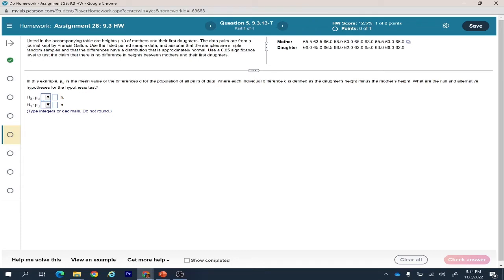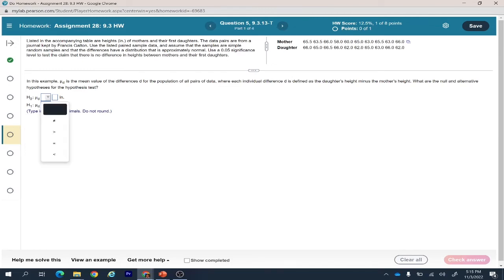So in this example, mu of d is the mean value of the difference d for the population of pairs of data where each individual difference d is defined as daughter's height minus mother's height. So you have to subtract mother height from the daughter height. So d stands for the second row minus the first row.